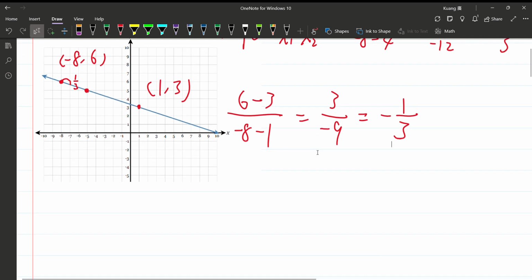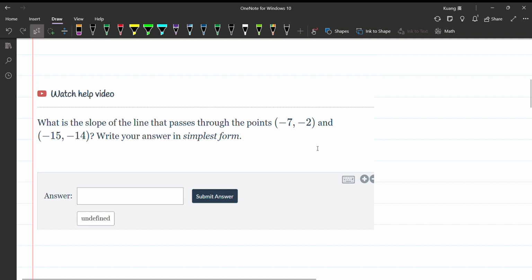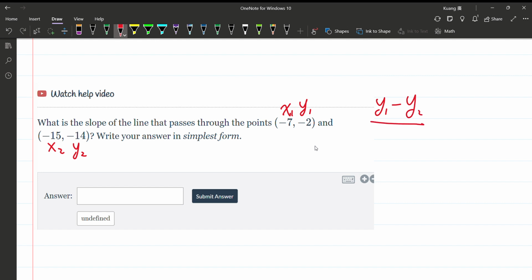Okay, let's move to the second one. So how can you find the slope from the points? So just plug in the formula. This is x1, this is y1, this is x2, this is y2, and then you can plug in y1 minus y2 divided by x1 minus x2.